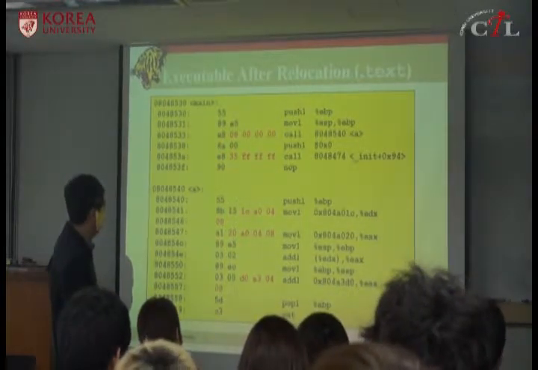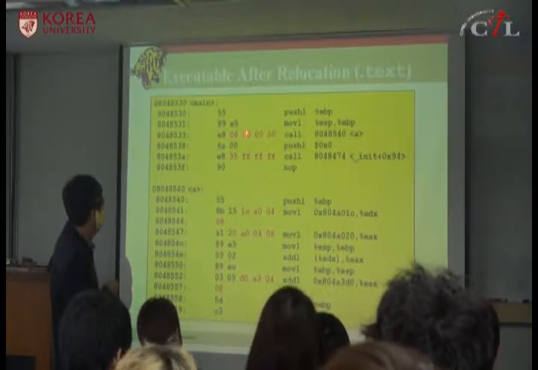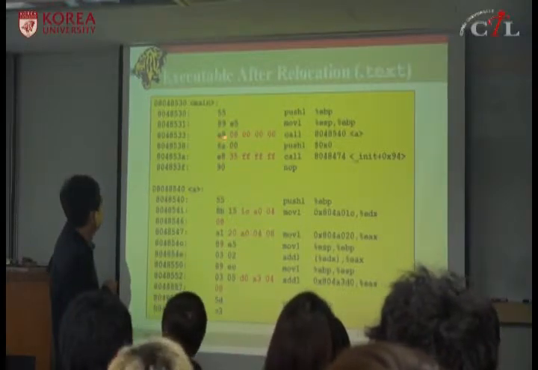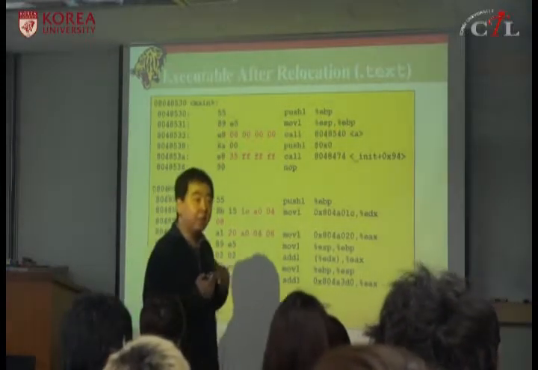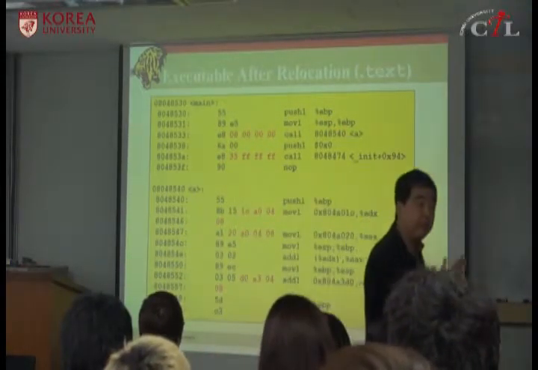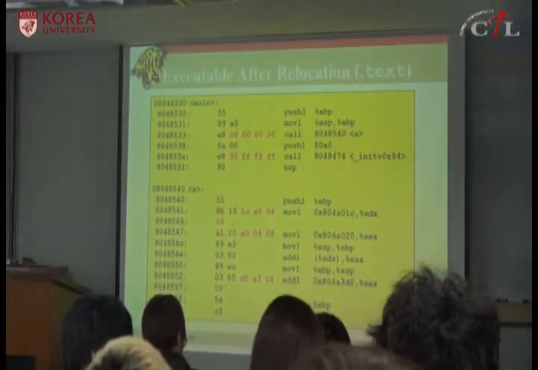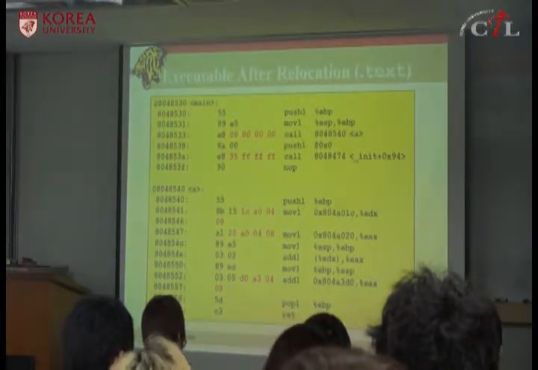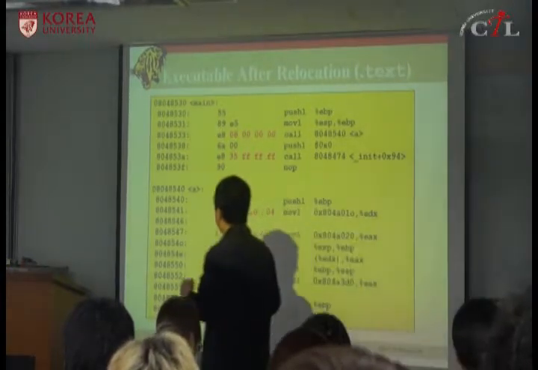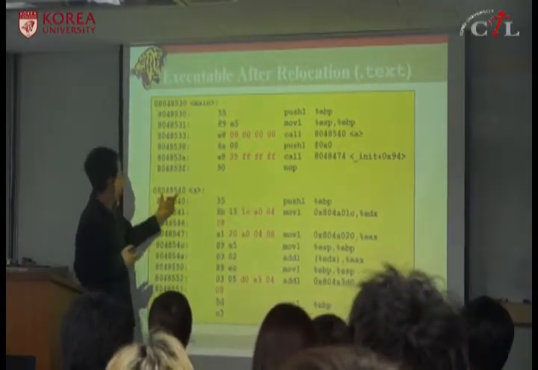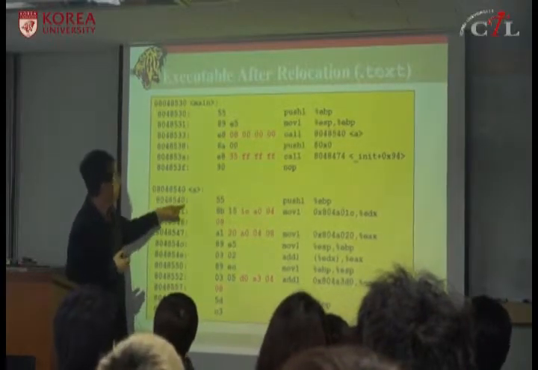Okay, and this was actually calling to function A, but which was unknown, so they just put -4 constant, okay, as a placeholder for that address, and they just use PC relative addressing. But the address of A is determined. The address of A is here, okay.